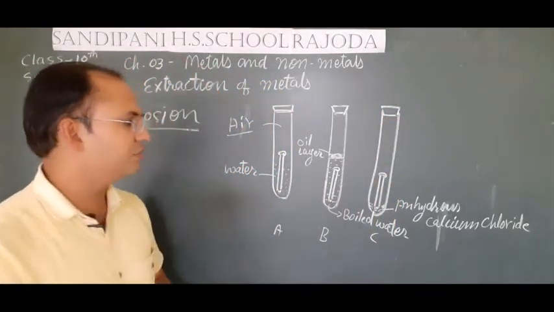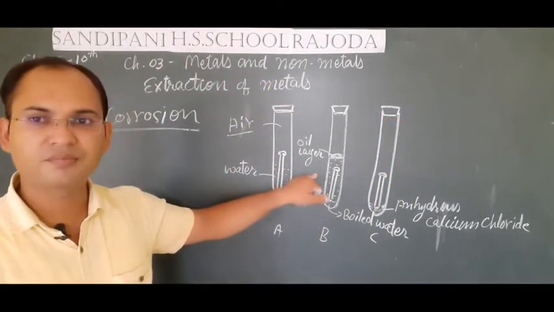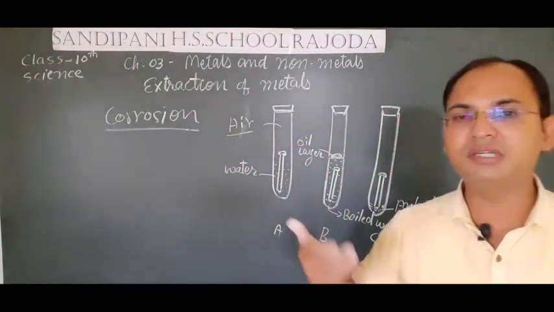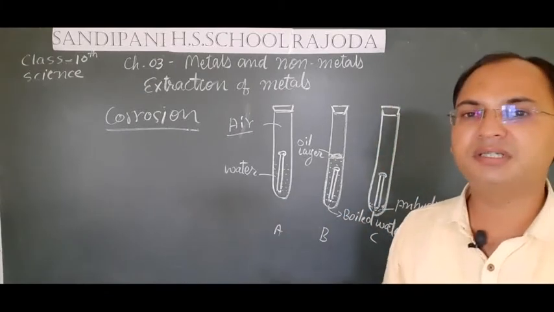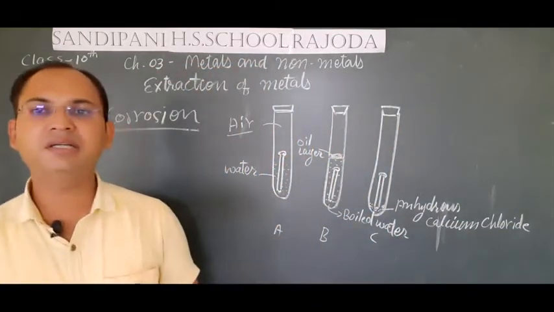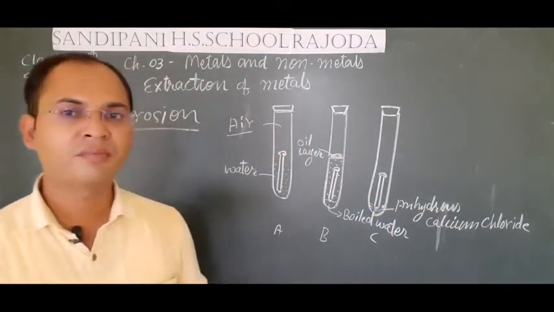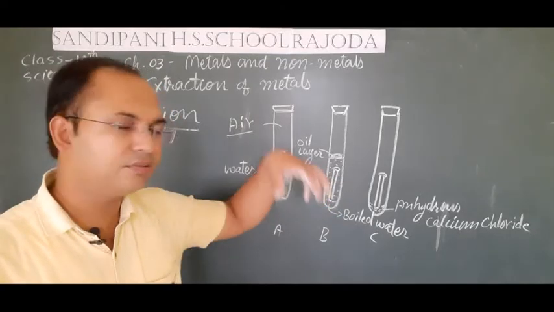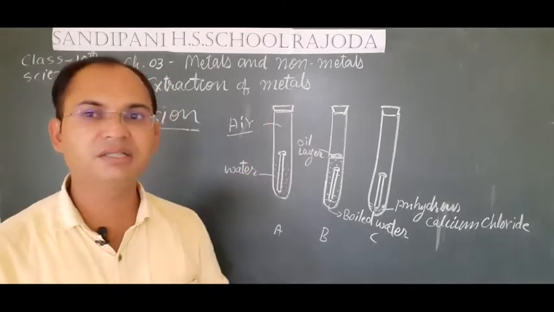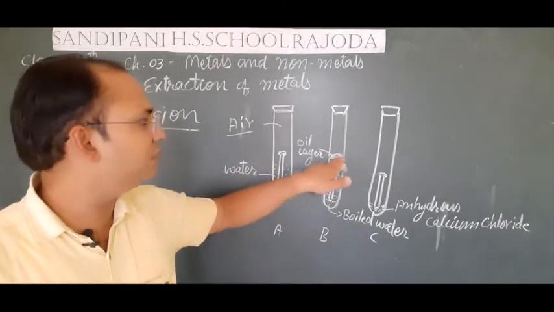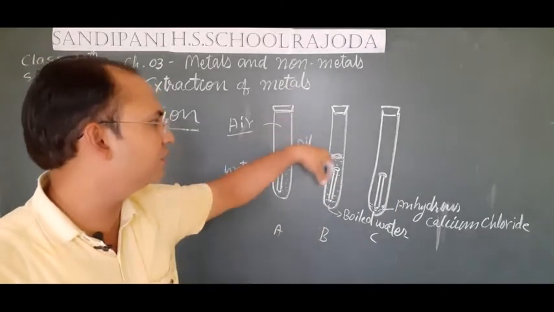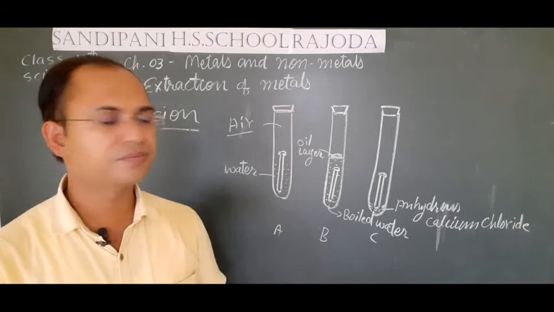In the second case, students, boiled water is taken. The reason for taking boiled water is that by boiling we remove all the air present in the water. Any gases dissolved in the water will get removed from it, and the nail is completely submerged in water. No part of the nail is coming outside the water, and a drop of oil is put at the surface of the water in order to prevent the entry of air from the surface.